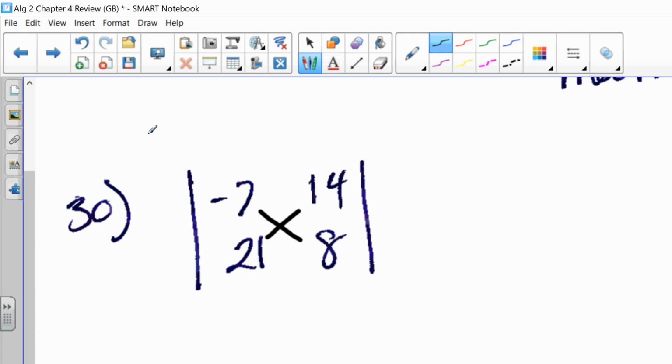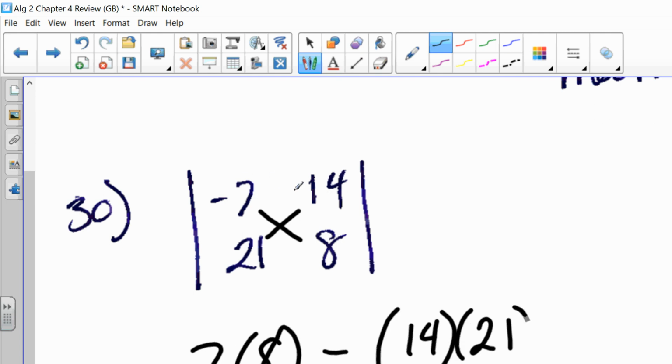Because we're going to take negative 7 times 8 minus 14 times 21. Now for the homework assignments, a good number of y'all need to be careful with the sign, because it is subtraction between them. The only way that this turns to addition is if the sum or the product of these two numbers is negative.